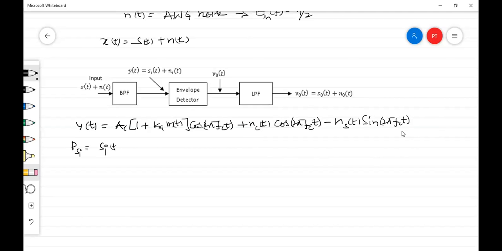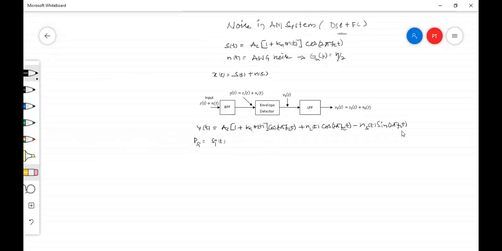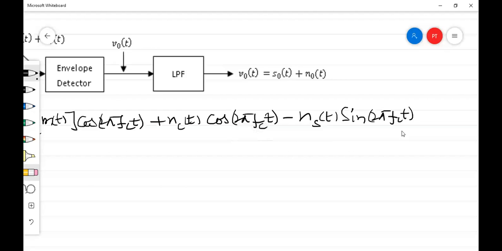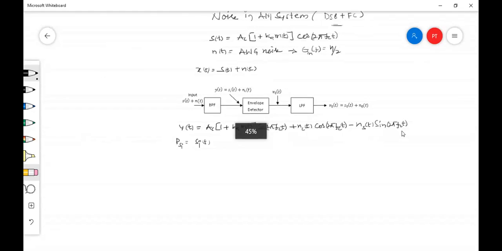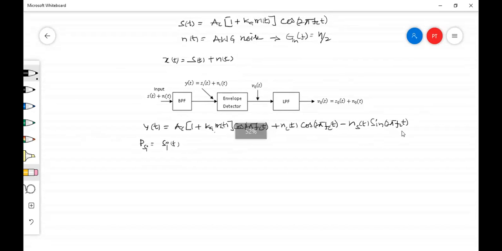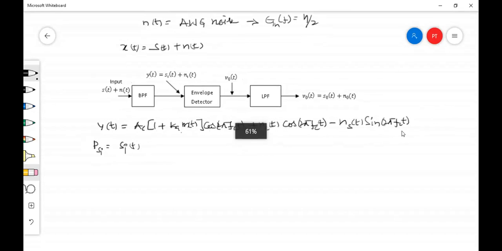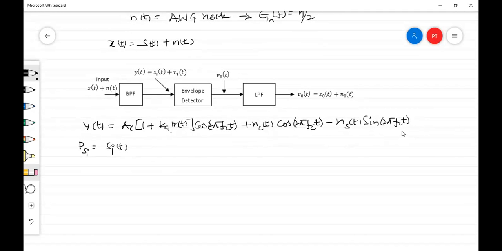So Si of t, we can write this as Si, and this is Ni.